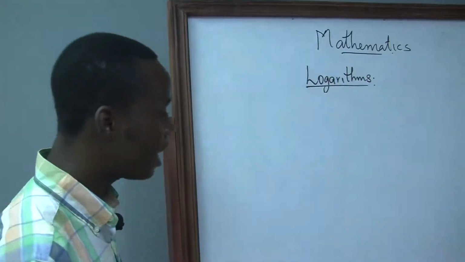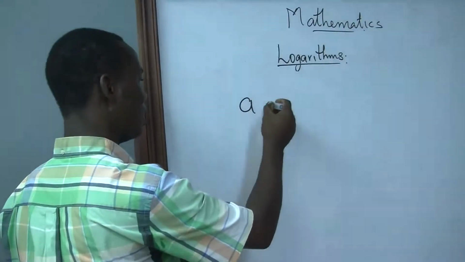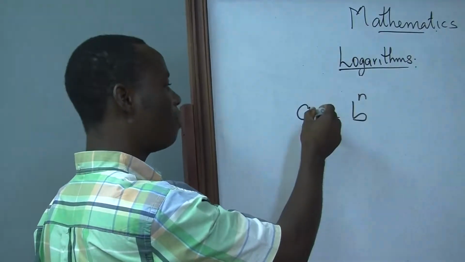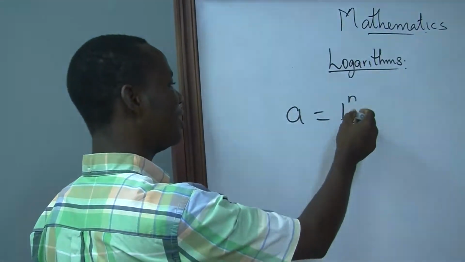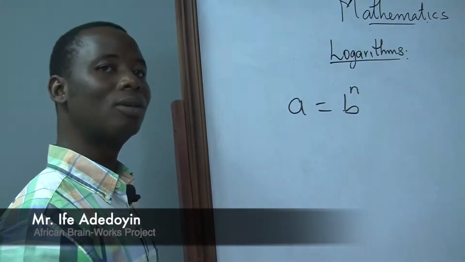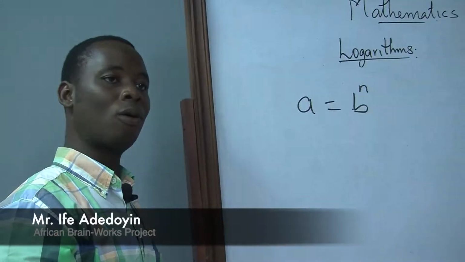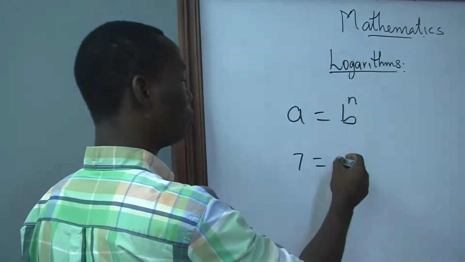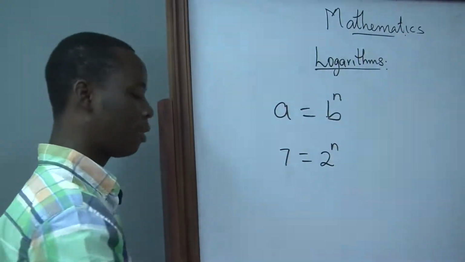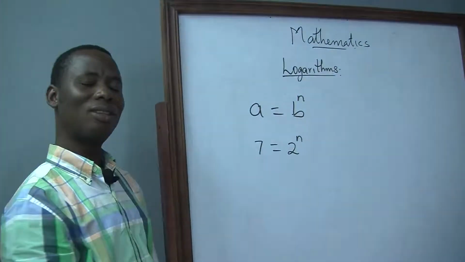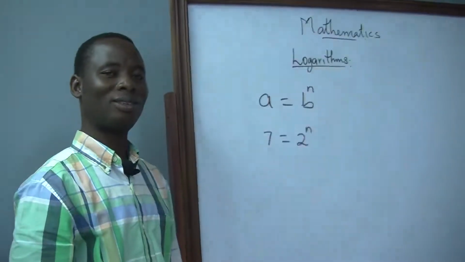For example, in our last class, I mentioned that if there is such a number, a equals b raised to the power of n, that for any number a and any number b, there exists an n. But to find an n might be very difficult for us, except we make use of this thing we call logarithm. For example, if you have 7 equals 2 raised to the power of n, and I ask you to find n, you will find it difficult to say. You might even be telling me that such an n will not exist.